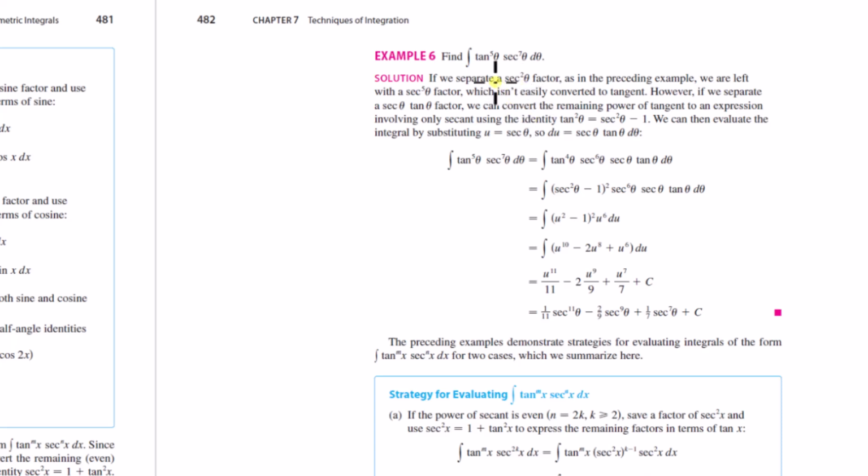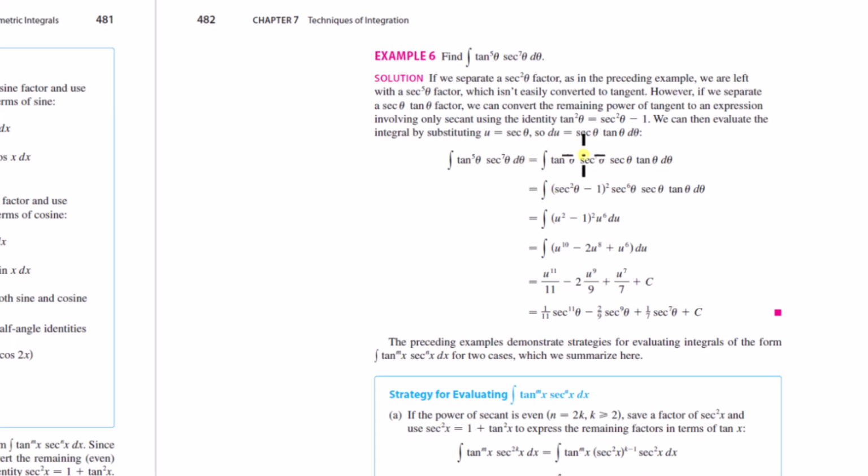The goal here is you want to separate out a secant theta tangent theta. So you have secant theta tangent theta d theta, and then what you're left with is something you can convert to strictly a function of secant theta. That's the idea. And you're going to do that using this identity.